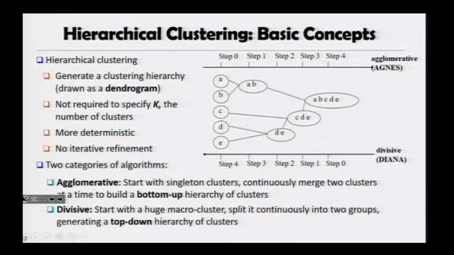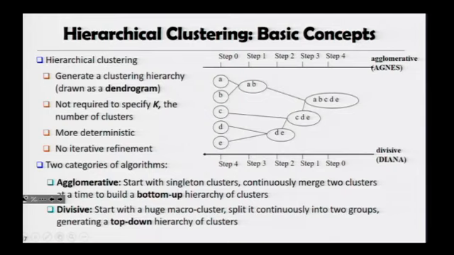So in the procedure, you can see I totally don't need to specify the number of clusters, the K. And actually, it gives you the flexibility to stop at any of these steps. And the stopping criterion gives you the granularity of the clusters. Let's say if you stop at step 2 in the bottom-up process, then you will have clusters A, B, and D, E, and C, these 3 different clusters.